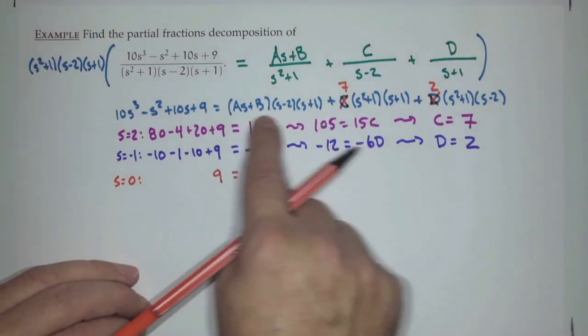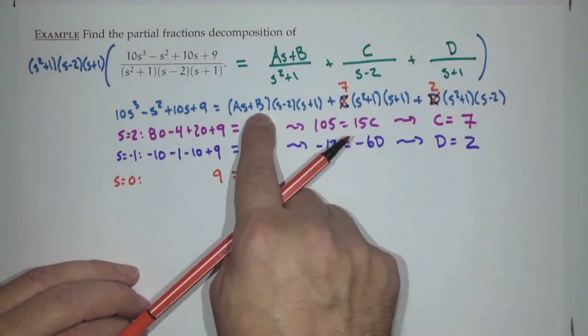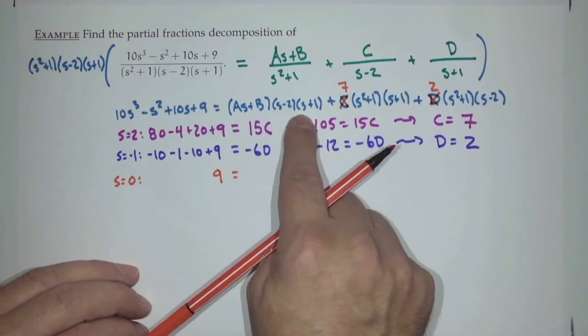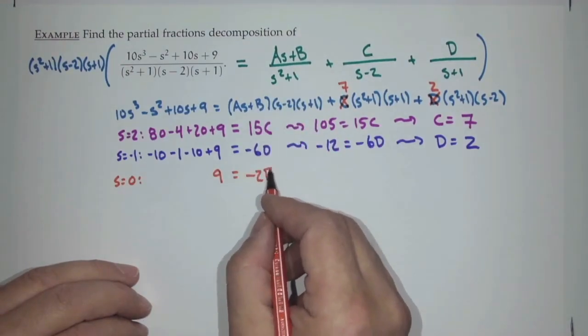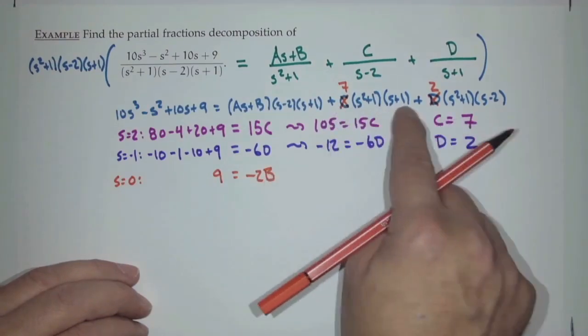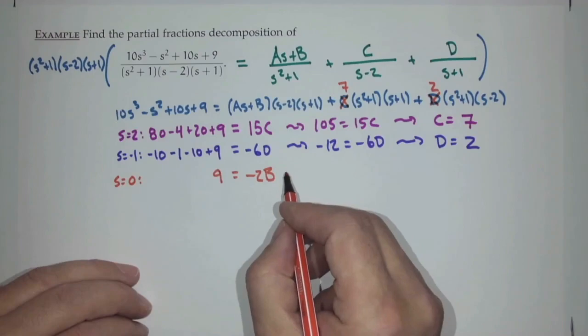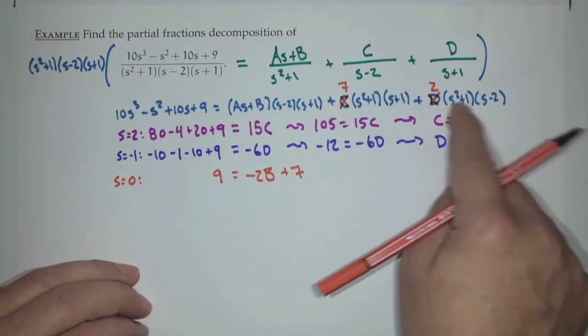Okay, the first term. We'll get b times -2. So minus 2b. Okay, how about this next part? We'll get 7. 7 times 1 times 1. The last part?